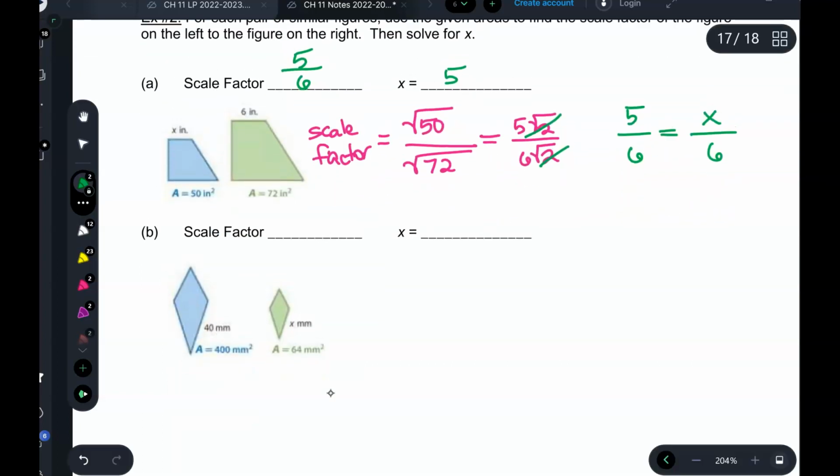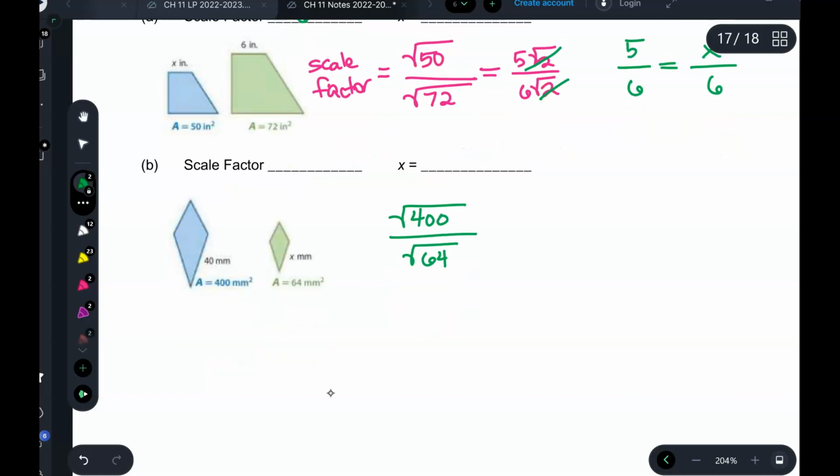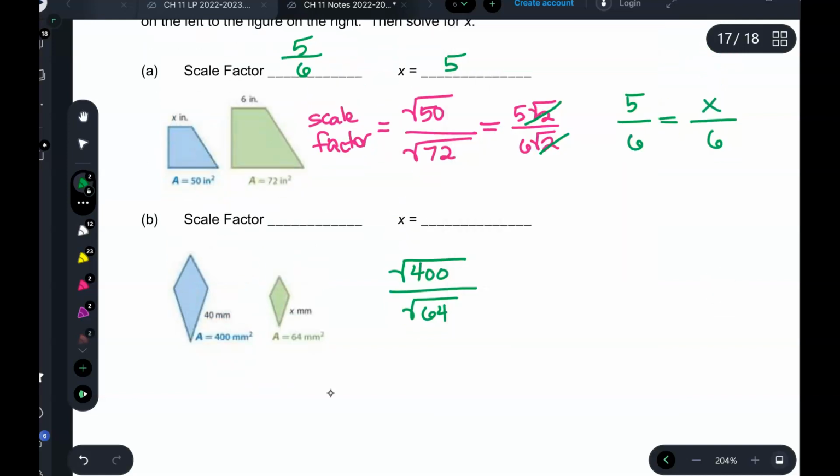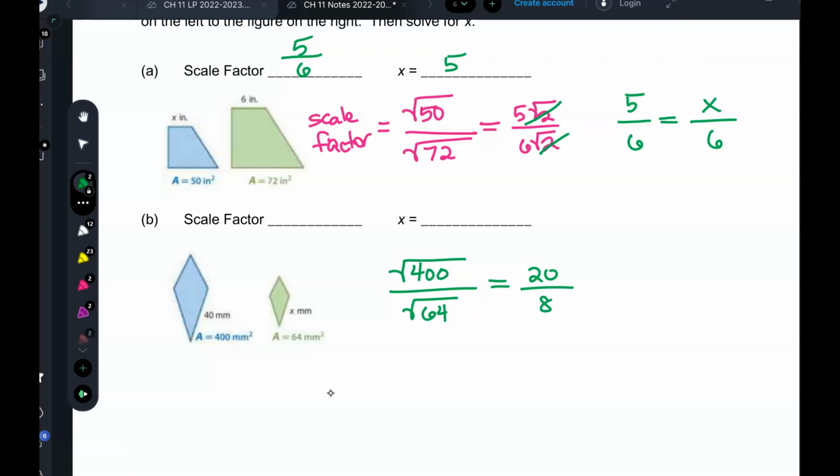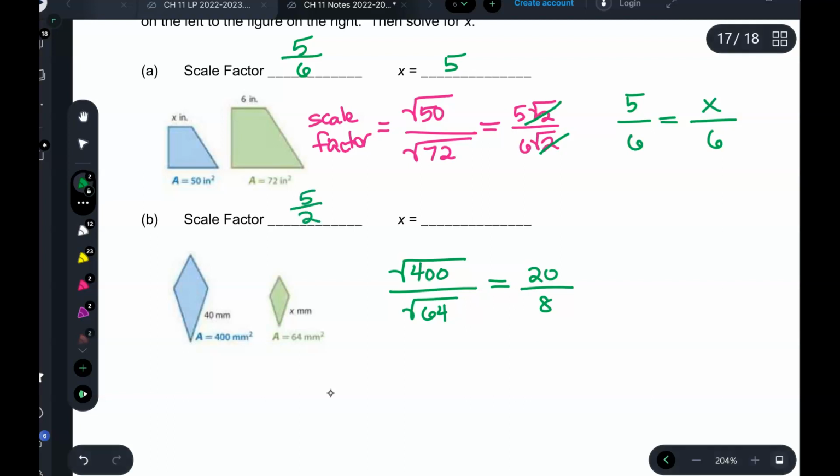Okay, next one. So I want to compare the square root of 400 over the square root of 64. What's the square root of 400? 20. Oh, does that simplify further? Wait, no. 5 over 2.